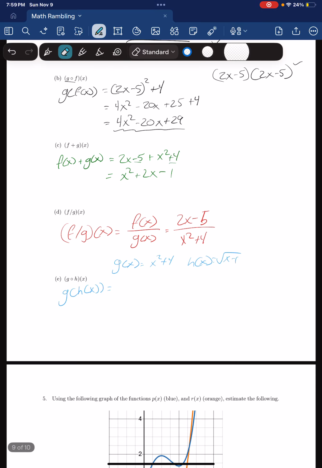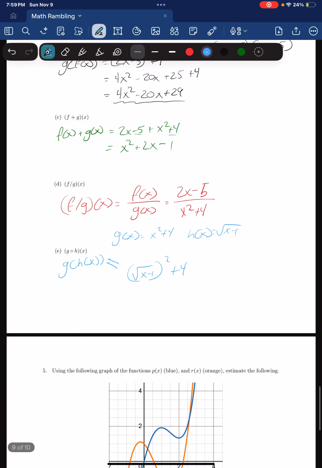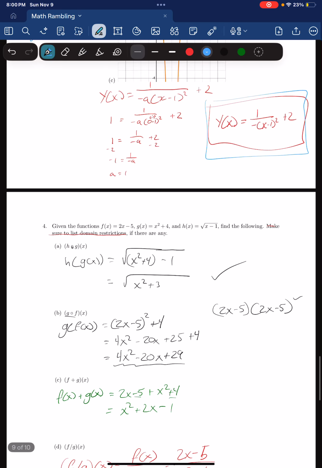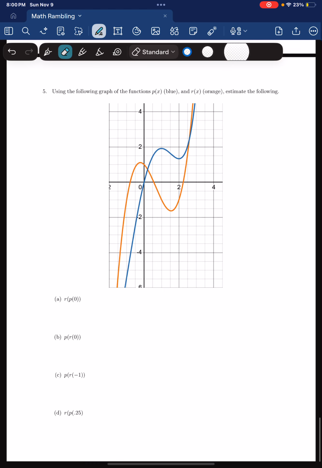Okay, so g of h of x, everywhere we see an x, we plug in h of x, so we get square root x minus 1 squared plus 4. All right, notice something here that's very fun. Square root and the square cancel. So we get x minus 1 plus 4, which equals x plus 3. Woo! All right, that didn't take as long as I thought.